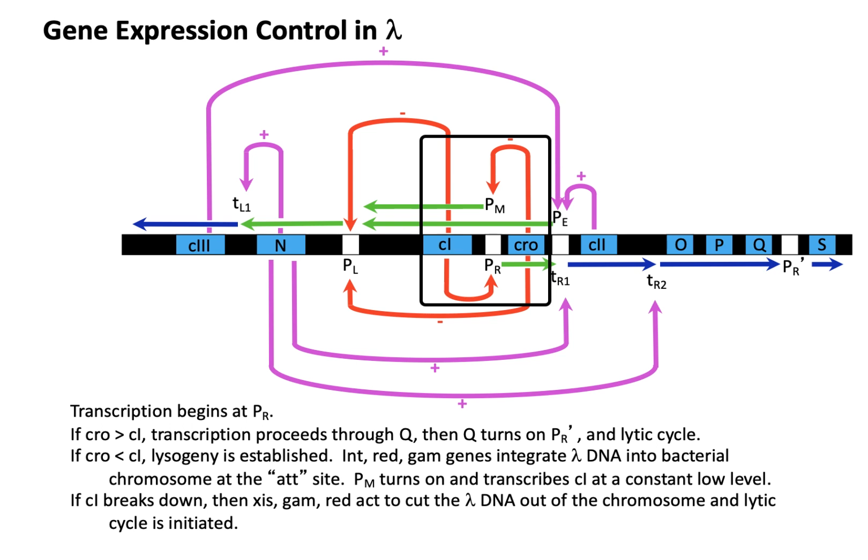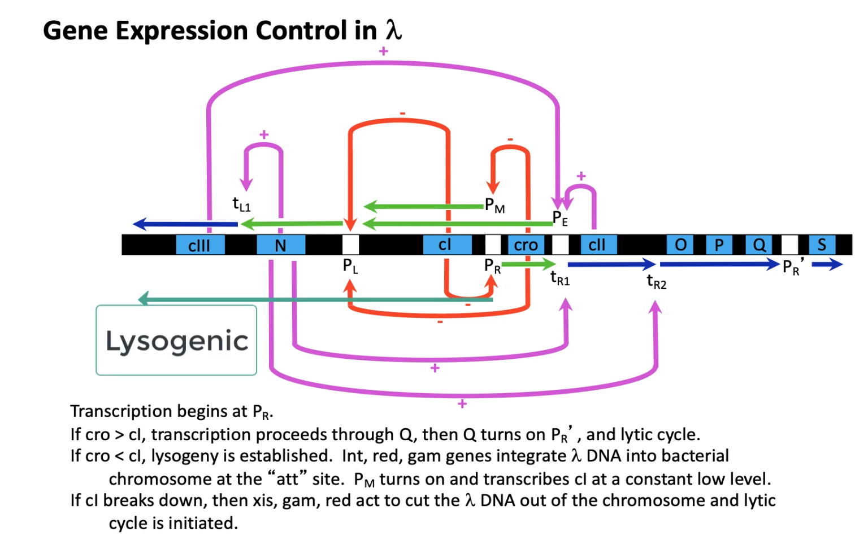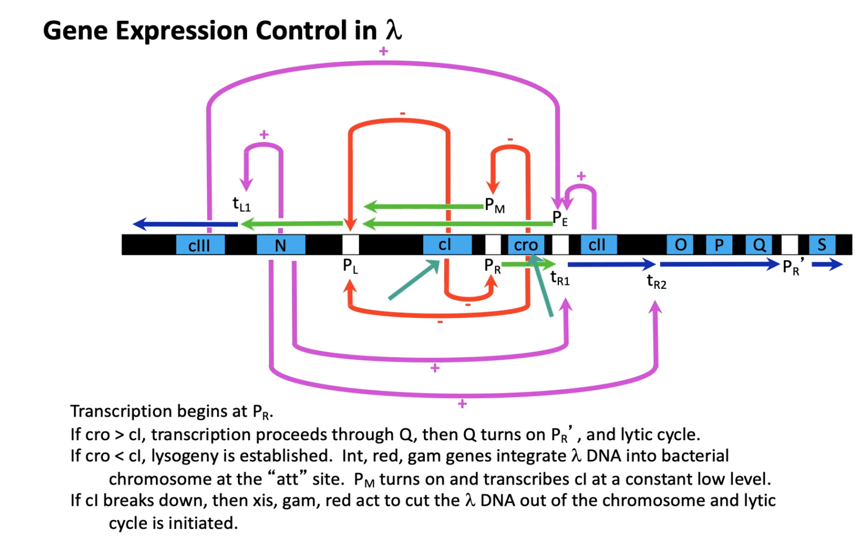So this is a control region that if you go in the rightward direction there, you head towards the lytic cycle. And if you go off to the left of this diagram, you go into the lysogenic cycle. And so the proteins that are controlling that are C1 and CRO.